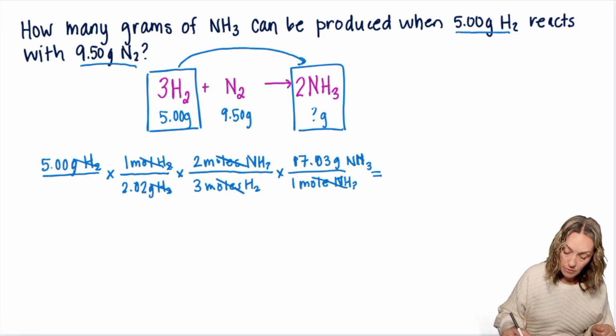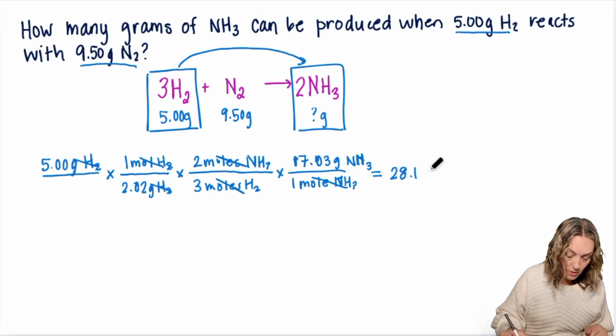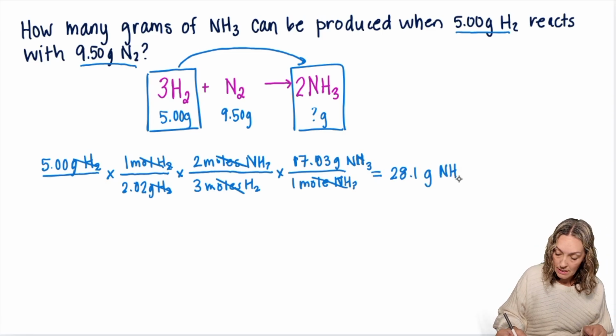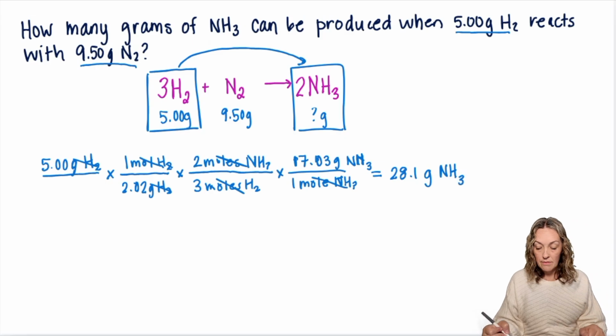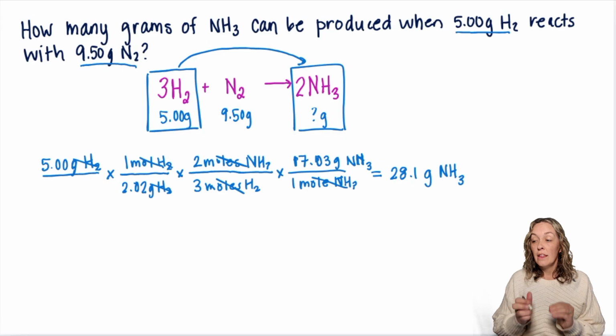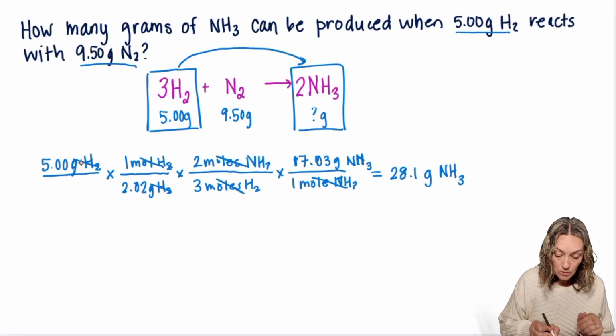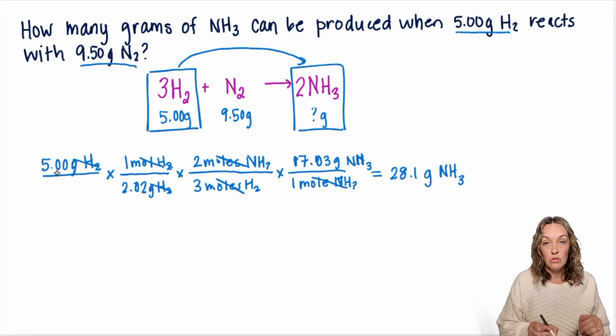Now I can solve by multiplying across the top, multiplying across the bottom, and dividing my top by my bottom. When I do that, I get 28.1 grams of NH3. Now, this is not necessarily my answer. This is how many grams of product I will make if I use all 5 grams of H2.